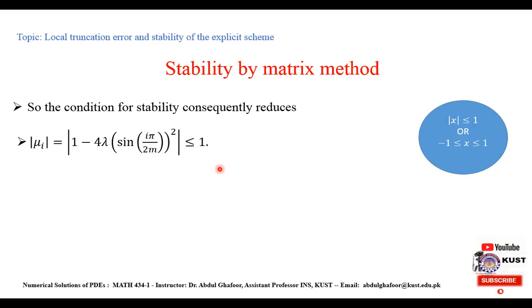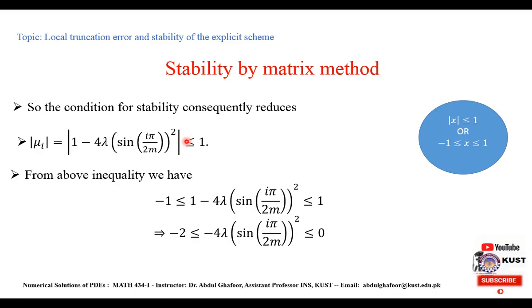Now we use an inequality: if |x| is less than or equal to 1, we can also write this as -1 less than or equal to x less than or equal to 1. So this statement can be written as -1 less than or equal to 1 - 4 lambda sin^2(i pi / 2m) less than or equal to 1.